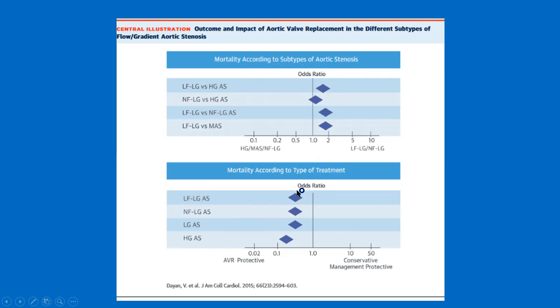However, the protective effect of aortic valve replacement was the highest among patients who had classic aortic stenosis and similar in the other categories studied.